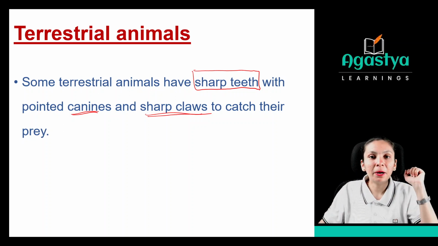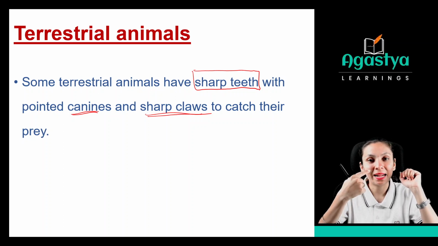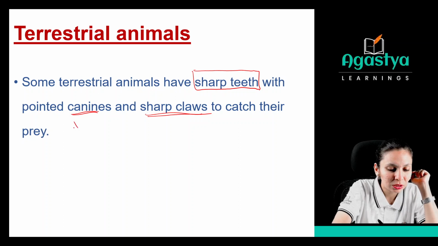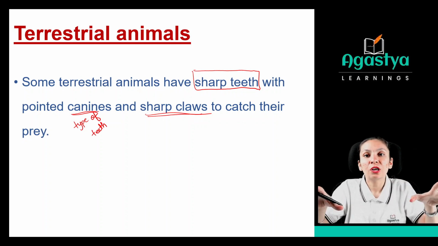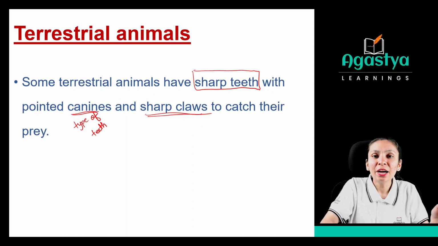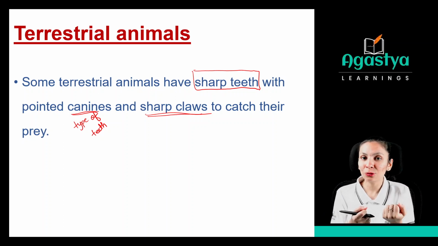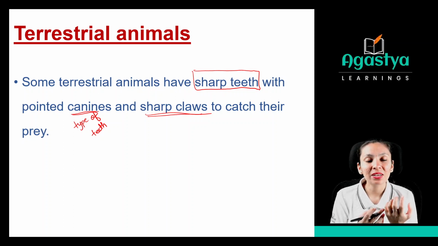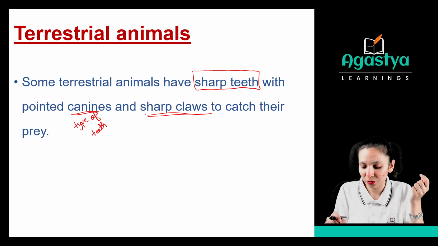So for that purpose, they have sharp canines, which are a type of teeth. And the other thing is sharp claws to hold something and to catch their prey. If they are catching their prey, then they have to hold it, right? So for catching and holding, they require sharp claws.